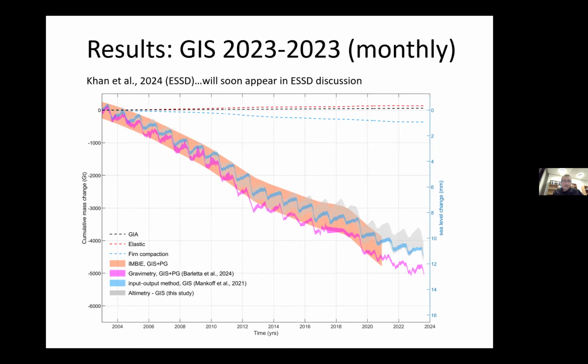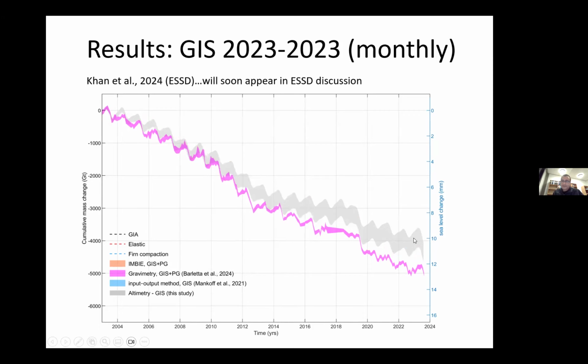And if we compare with other studies, so we compare with the IMBIE gravity data and input-output method from Ken. Overall, it looks fine and consistent with other data. So now I just compare with the gray, which is from the altimetry product that we have just submitted. And then we also have gravity data here. It's from Valentina that she published in GRL earlier this year.